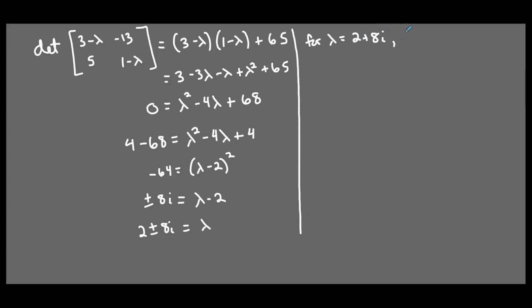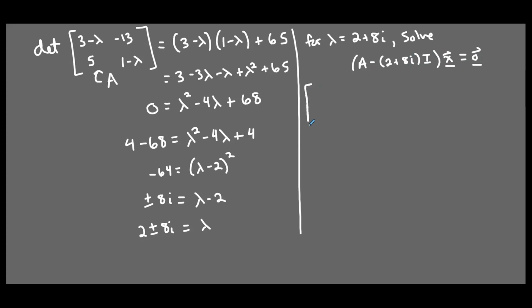So I need to solve this equation. I need to solve A minus (2 plus 8i) times identity I times x equals 0. What this means is I'm going to subtract 2 plus 8i from the main diagonal of A. This is A, right? This is our coefficient matrix. I'm going to augment with 0 and then solve for the x vector.